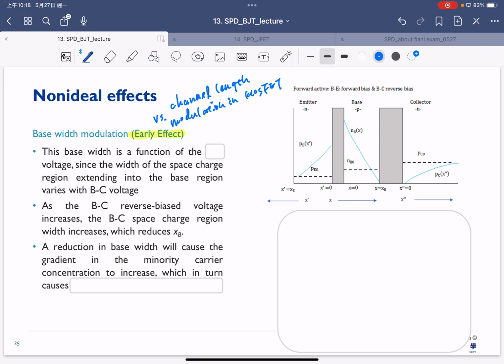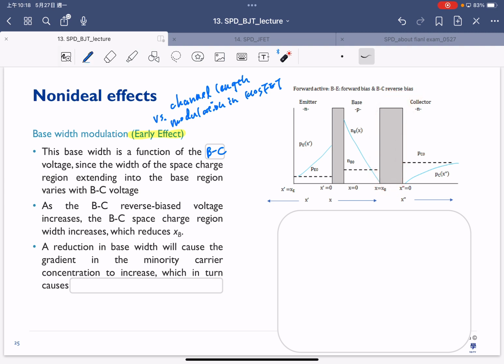The mechanism is because the base width is a function of the base-collector voltage. As we know, in the forward active mode, the base-collector junction is under reverse bias. Therefore, the base width here will be influenced by the base-collector space charge region, the base-collector depletion width.